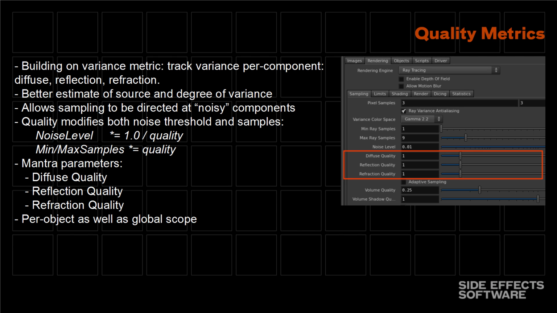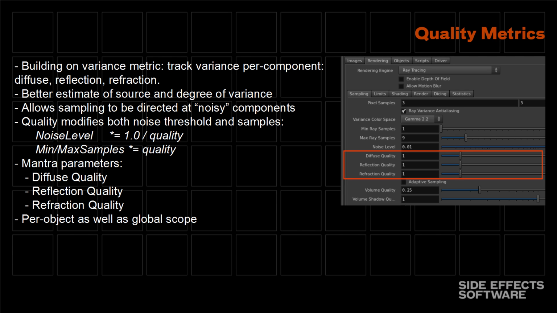So we have the diffuse, reflection, and refraction components, which are just classifying broadly the way the paths are being treated in the renderer. Diffuse paths coming from Lambertian type BSDFs, reflection coming from specular and reflective lobes, and refraction coming from transmissive lobes. And so what we can do is look at each of those and figure out where the variance is coming from.